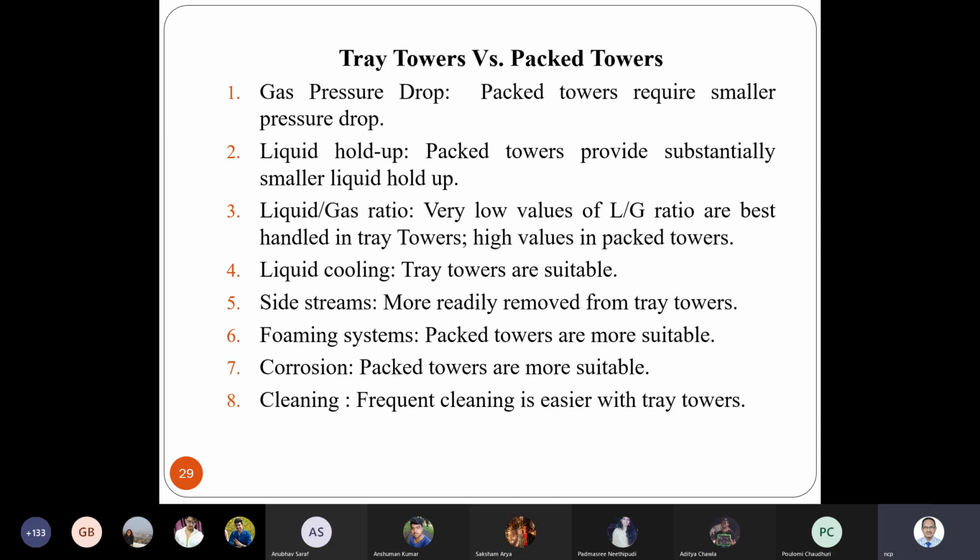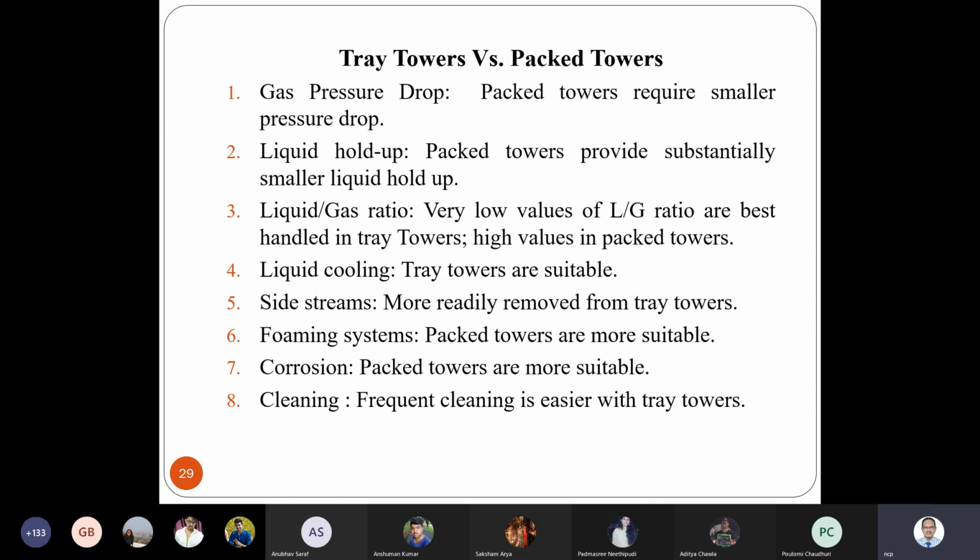In tray towers we have the tray material, and if you are going for a valve tray or a bubble cap tray, those bubble caps or valves are all fitted, so several internals are there. The materials of construction for those will obviously be costly if we are handling a corrosive liquid. That's why packed towers will be more suitable when we are handling corrosive liquids or corrosive streams.